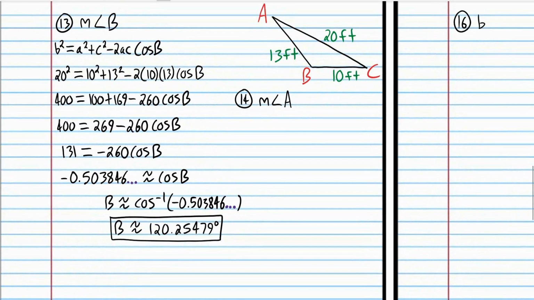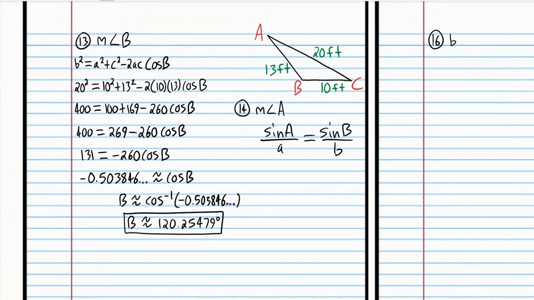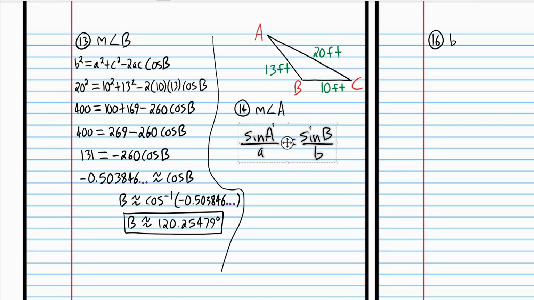So we're just going to use the easier law of sines. And I'm going to use sine B because we found B, and of course sine A because we're looking for the measure of angle A. And we should probably put a divider here.